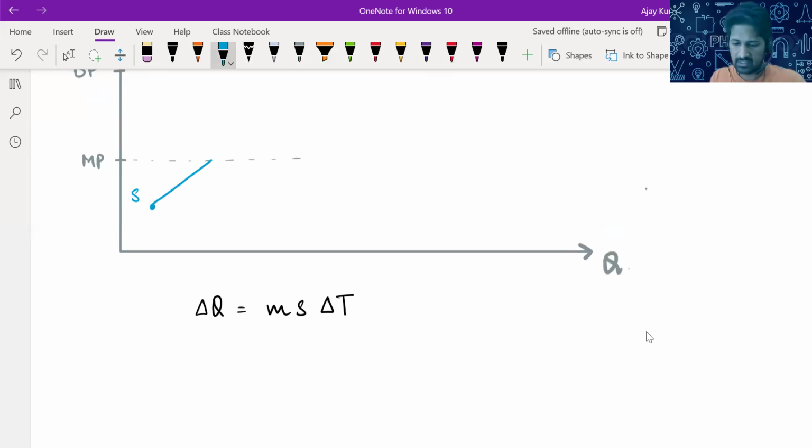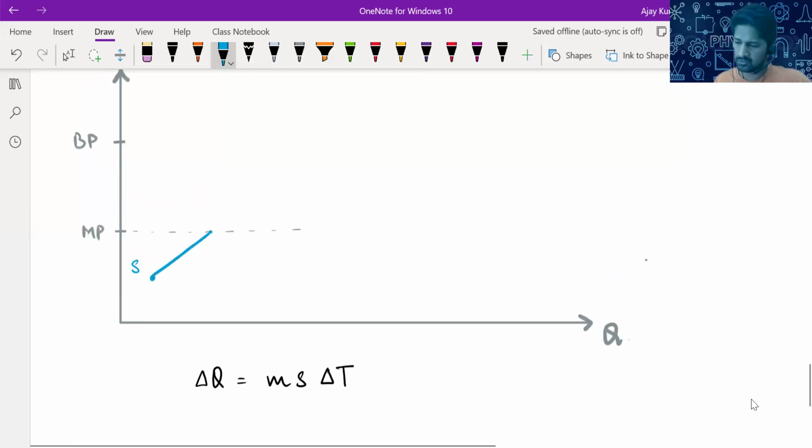So what is the equation governing this process? Delta Q is equal to ms delta T, where s is the specific heat for the solid state. As I mentioned, specific heat can vary from state to state. Suppose the solid has reached melting point temperature. You continue supplying heat.